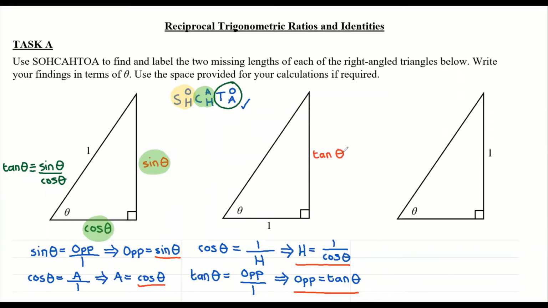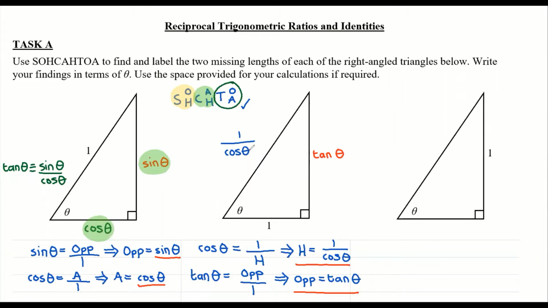And I'll use blue for my hypotenuse, since my green is going to be my adjacent side. So my hypotenuse is now 1 over cos theta. Right, so I hope you got that.